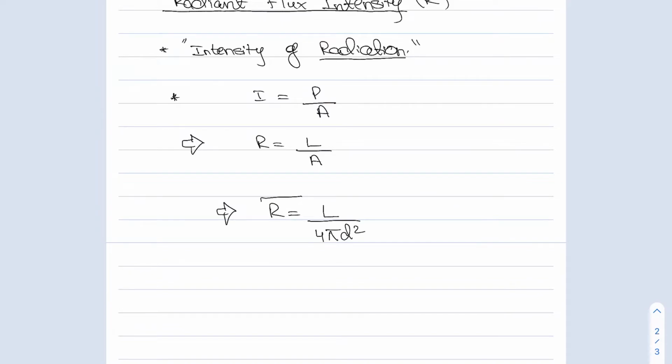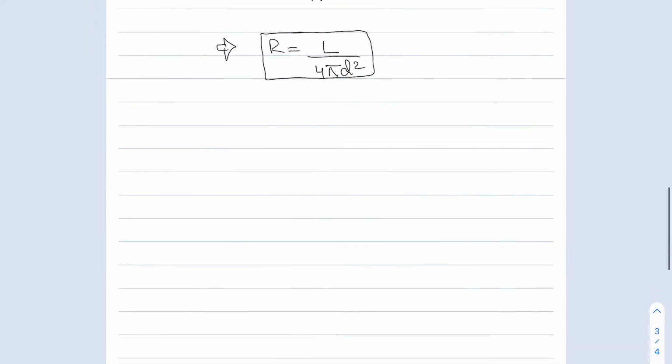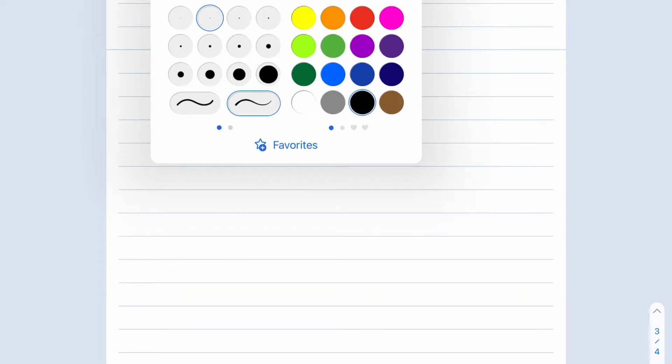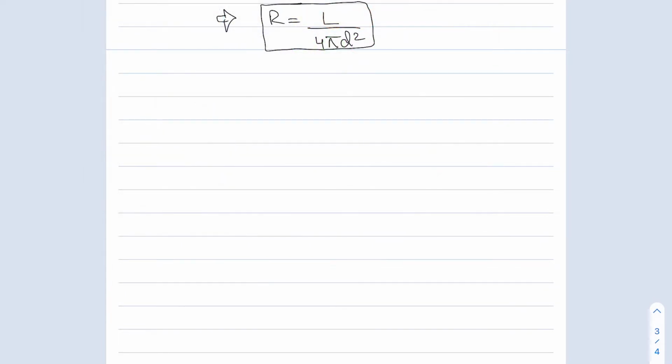Now you might say, you just said that the area of a sphere would be 4 pi r squared. Why are we writing 4 pi d squared? The simple answer is that this formula is used specifically for astronomy and cosmology only. You cannot use this in any other chapter. And d does not stand for diameter, nor does it stand for radius. I'll tell you what everything in this formula stands for.